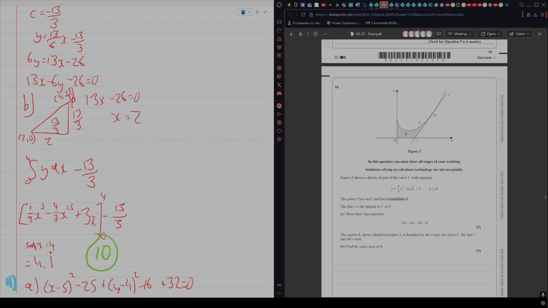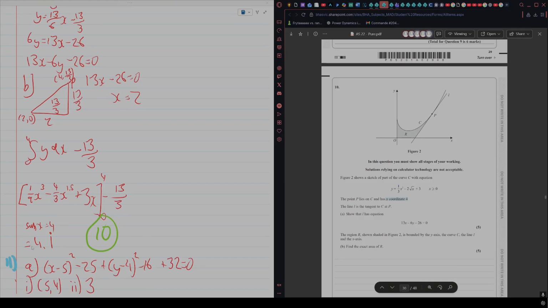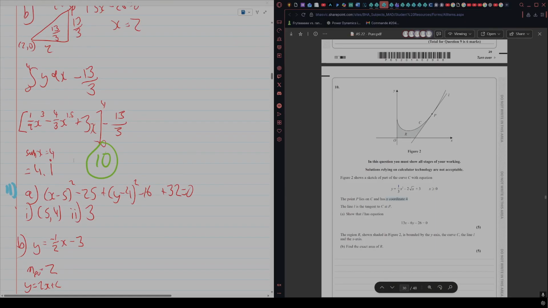This is just 2 because this coordinate is 2, 0 and this coordinate is 4, 0. So you do 13/3 times 2 over 2, so it's just 13/3. And then you do the integral from 0 to P minus the triangle to find R. And then that will give you this answer.